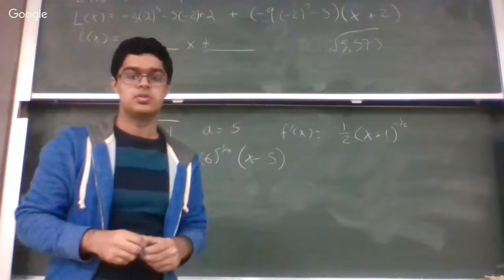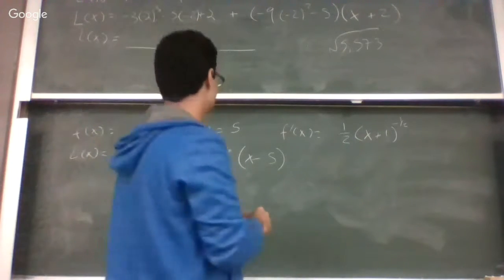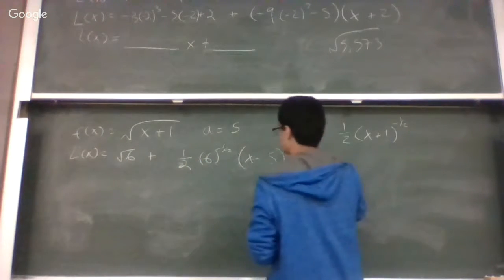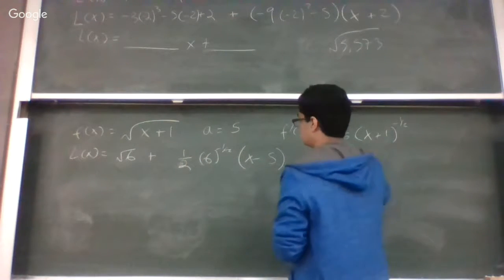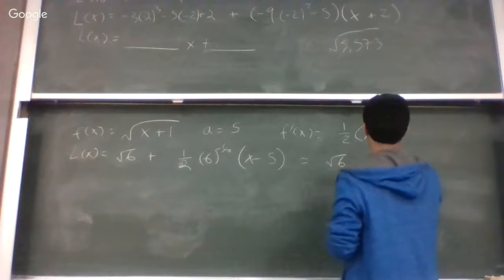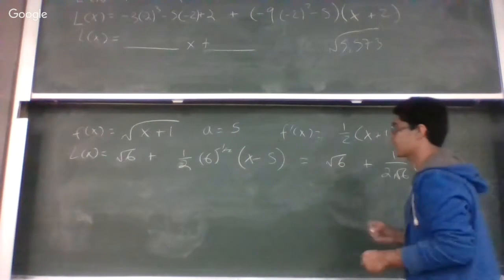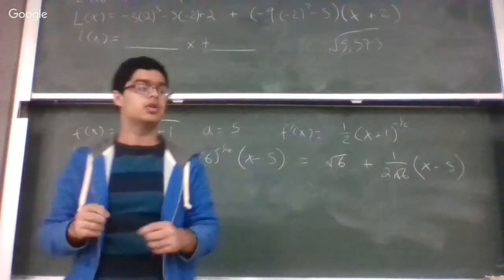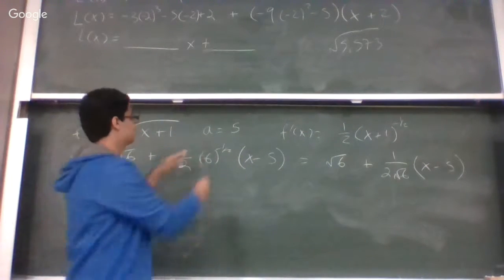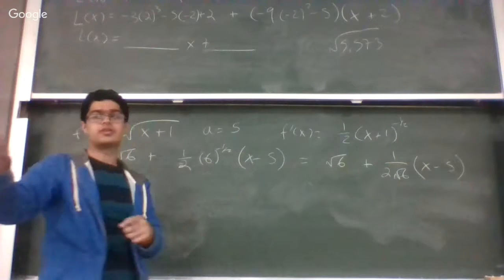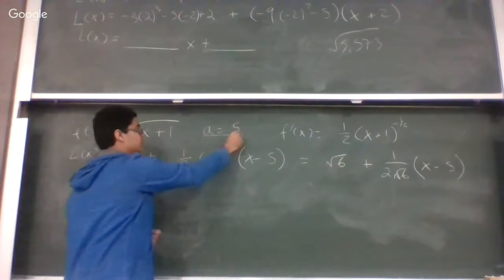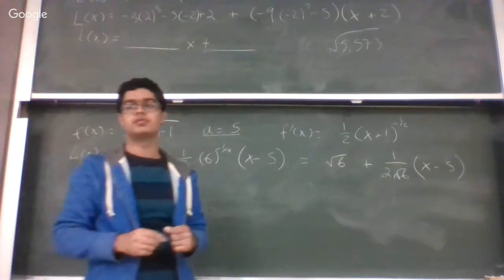Okay. So then that's the square root of 6 plus 1 over 2 square root of 6 times x minus 5. Okay? This is what you were trying to get at: the approximation value when a is equal to 5.